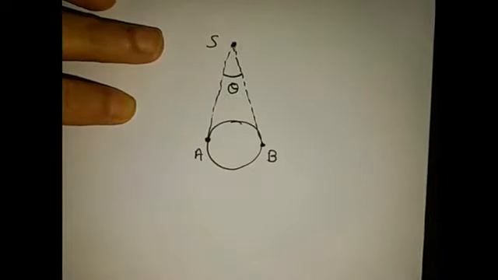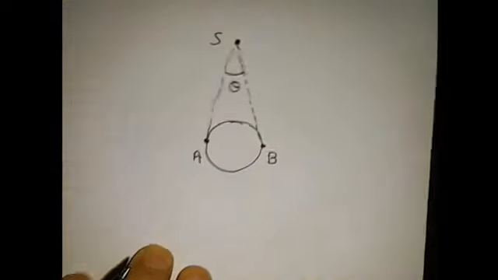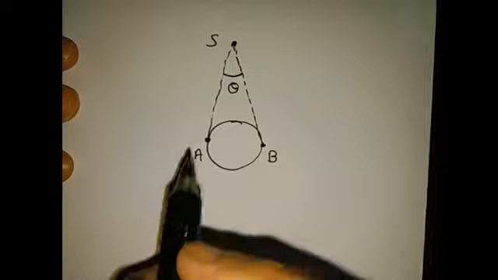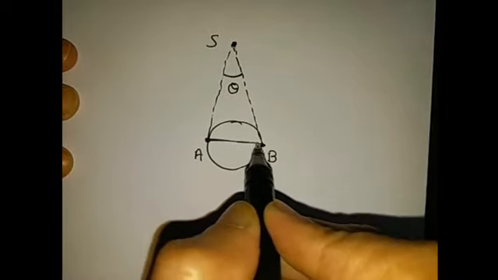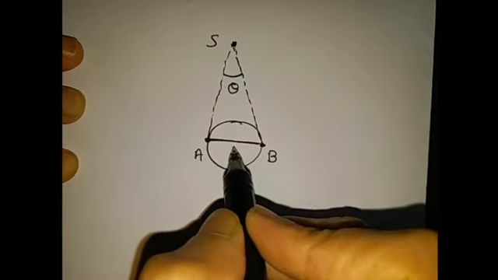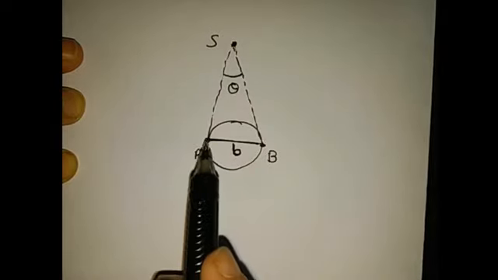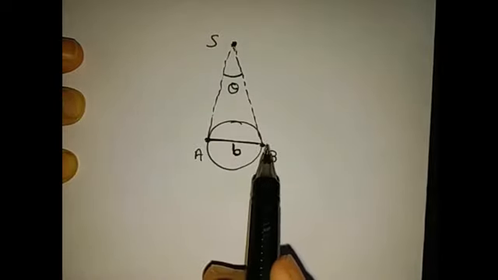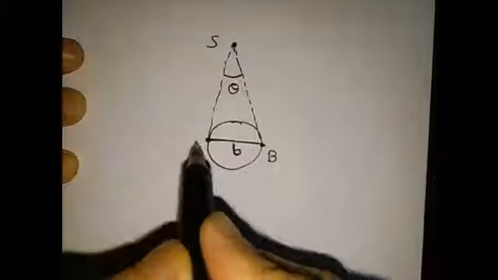Okay, so now with the help of an instrument we can measure this angle ASB. Now what do we have to do? We must know the distance between A and B, right? So A and B will form the basis. Basis means the distance between the 2 points of observation. So this is my b. Now what we have to do is imagine one big circle.